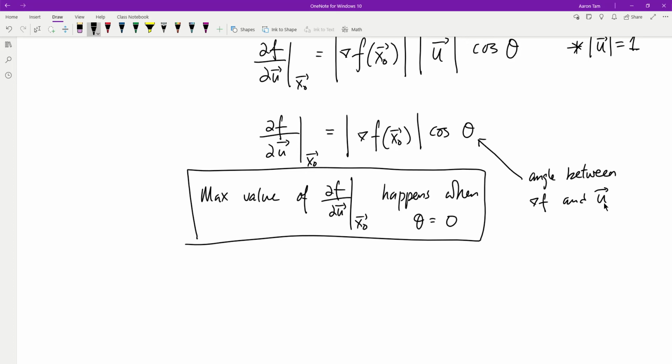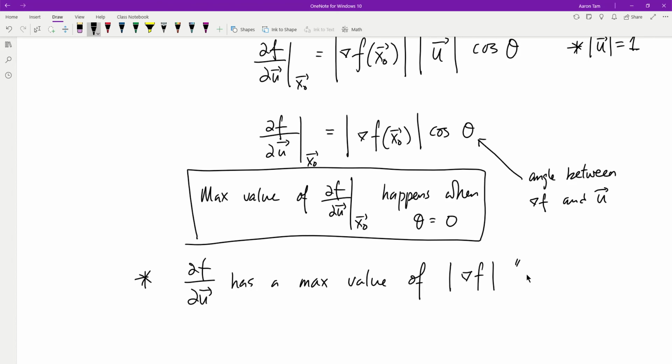They go in the same direction. And therefore, we arrive at our important conclusion: df over d vector u has a maximum value of the length of the gradient of f. That is called the maximum rate of increase.